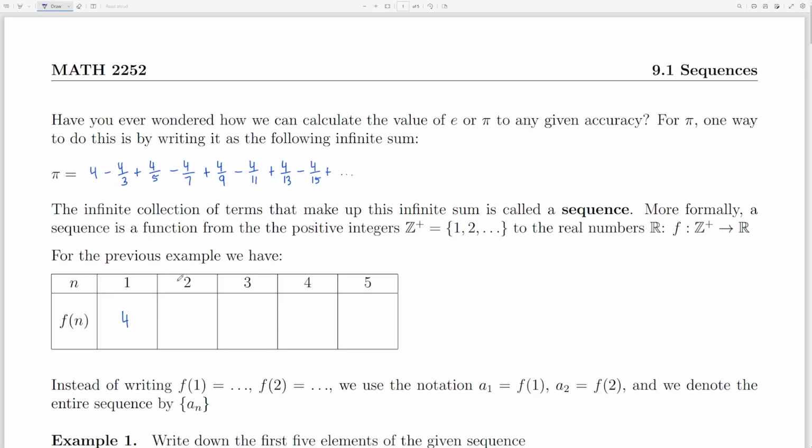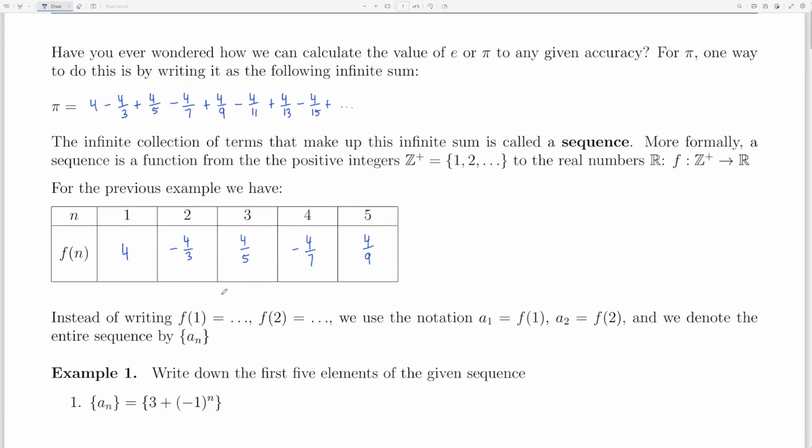Then the second element, f of 2, is negative 4 over 3. The third element is positive 4 over 5. The fourth element is negative 4 over 7. And the fifth element, f of 5, is given by 4 over 9.